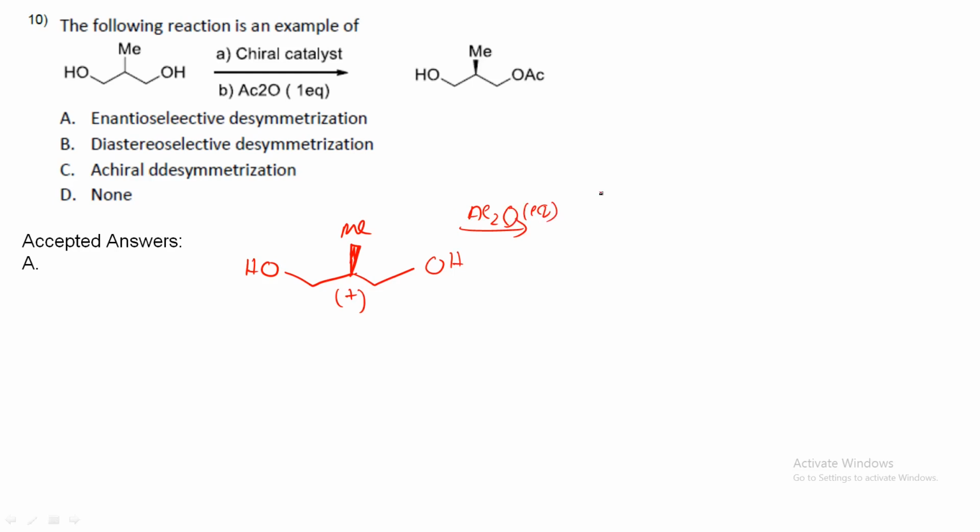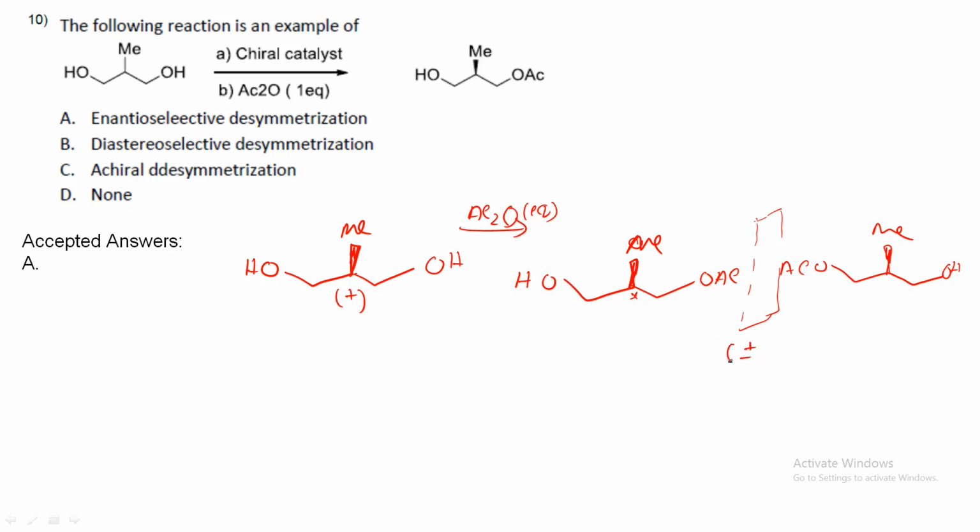So two possibilities are there. We would be generating this compound and this compound. Then you can see these two are enantiomers. So without touching the chiral center, we are making a racemic mixture of a chiral molecule.